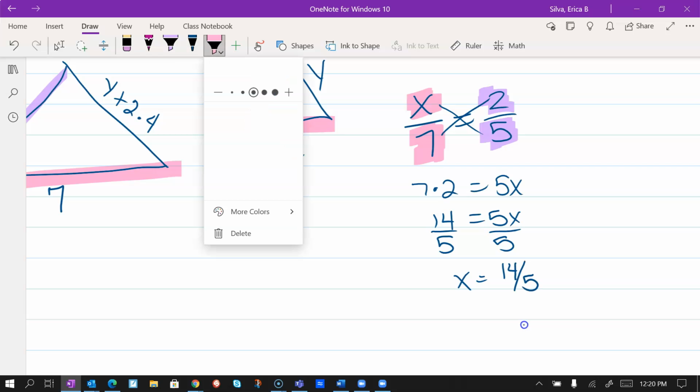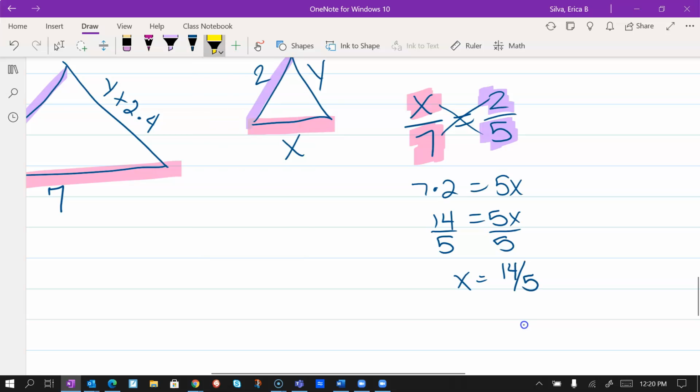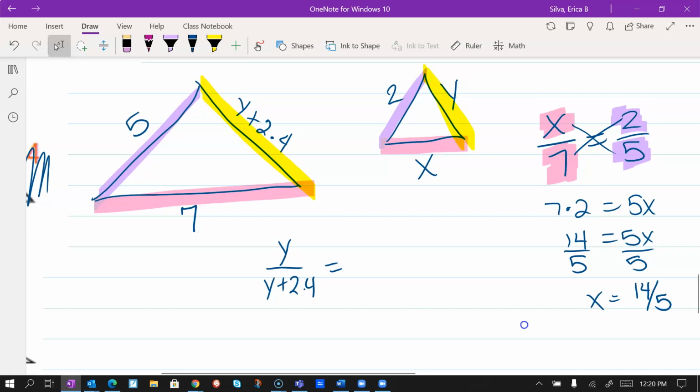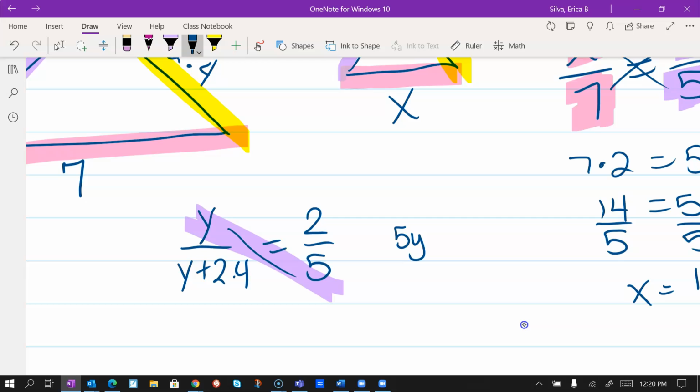And now let's solve for y. We're going to start with this side over this side. So y over y plus 2.4 equals, and then we'll use the purple one, 2 over 5. We cross multiply, 5y equals 2 times y plus 2.4.